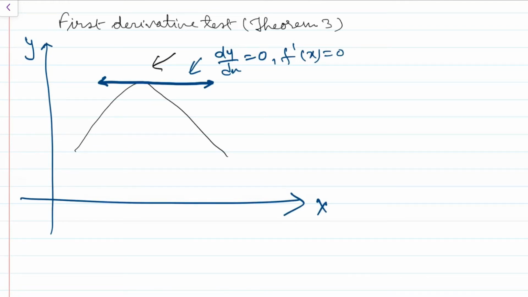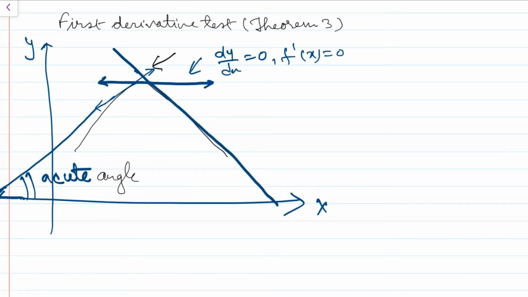Now, if you draw the tangent just before this point, it will go like this. If you extend this tangent, you will see that this angle is an acute angle. And if you draw a tangent just after the maxima point, the tangent will go like this. This angle will be an obtuse angle.